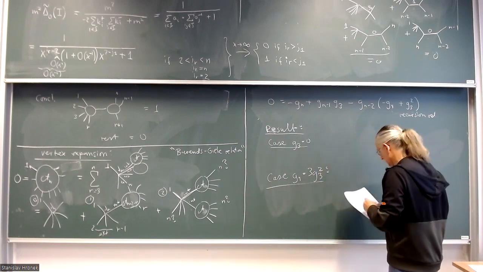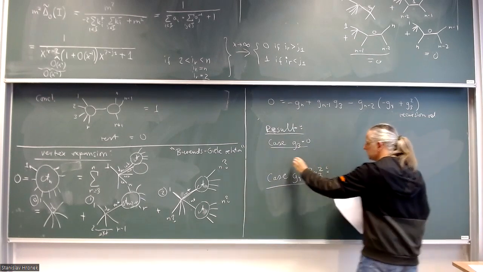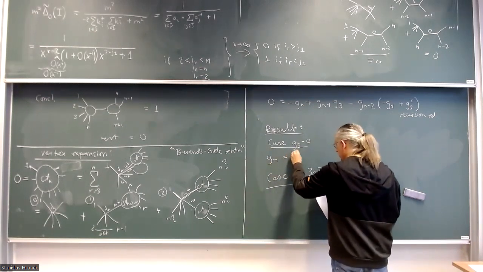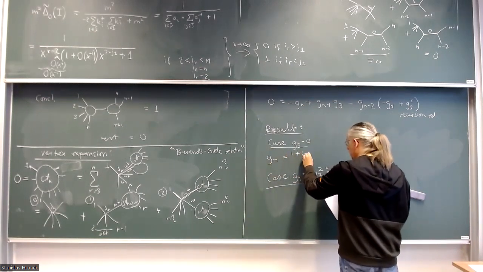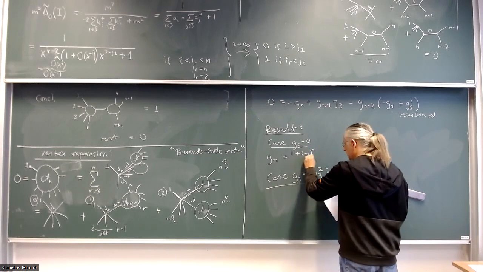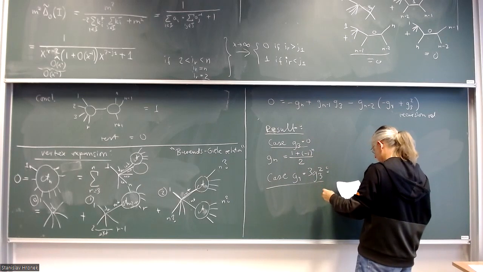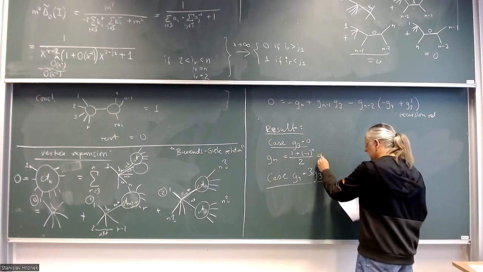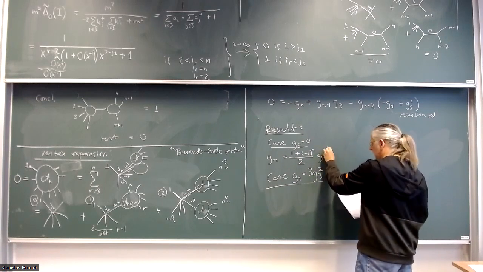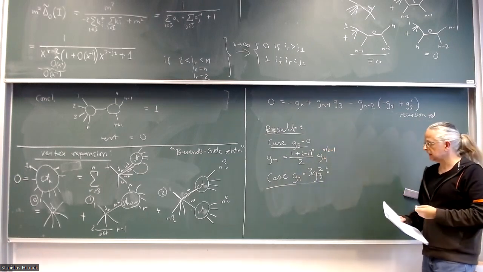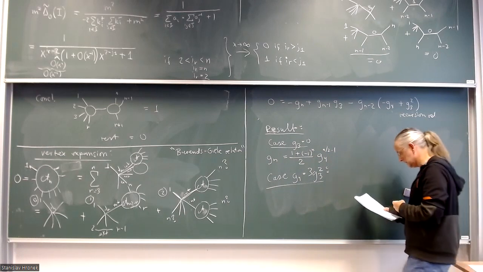The first case becomes that Gn has to be equal to 1 plus minus 1 to the n over 2. So this is a way to say it only has to be even, G4 n part minus 1. You can convince yourself that solves this.